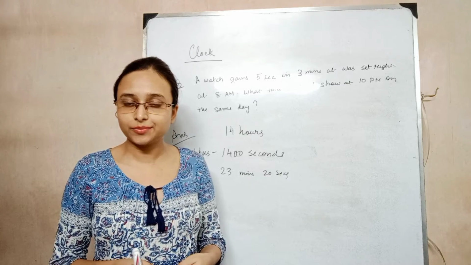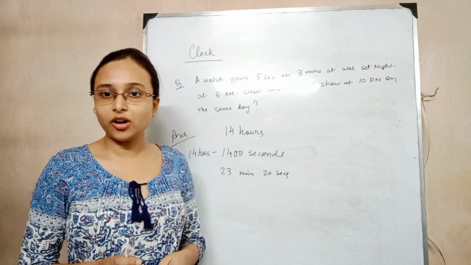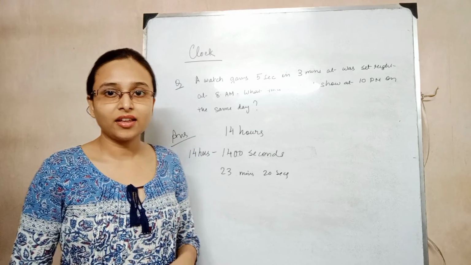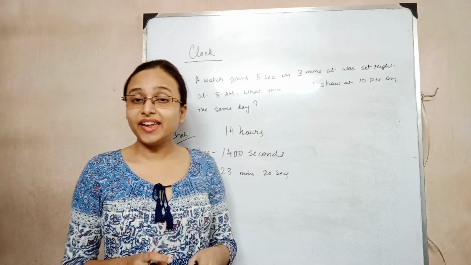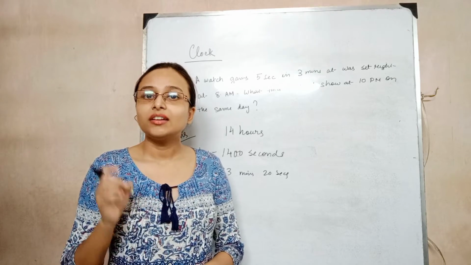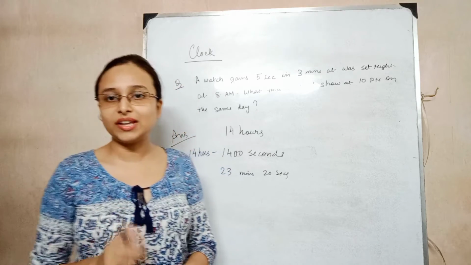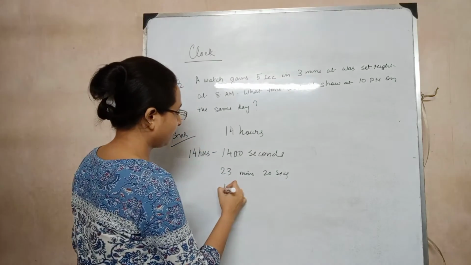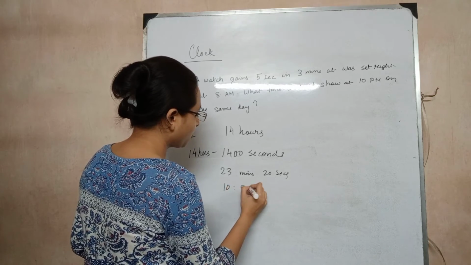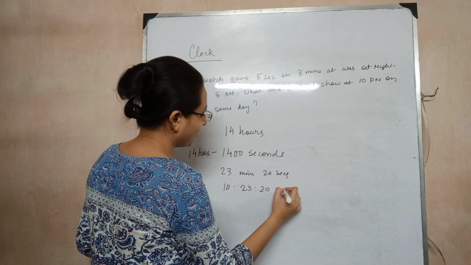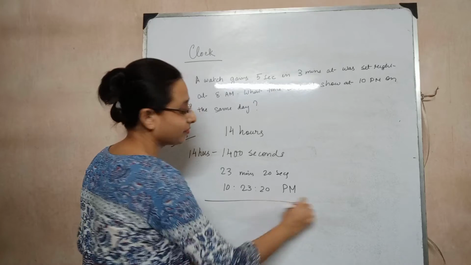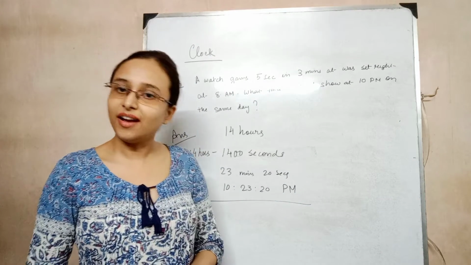Okay, I hope I will not have to explain the conversion. So, when the correct time is 10 p.m., the watch would show 10 hours, 23 minutes, 20 seconds. Okay, this will be the answer.